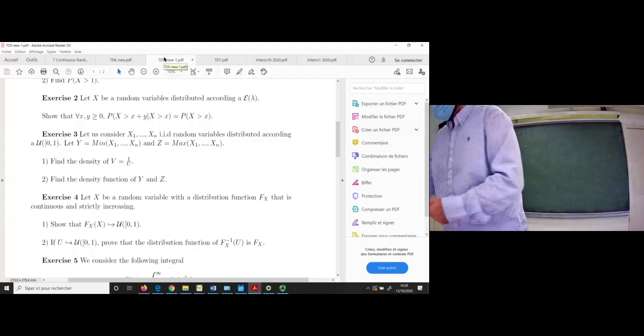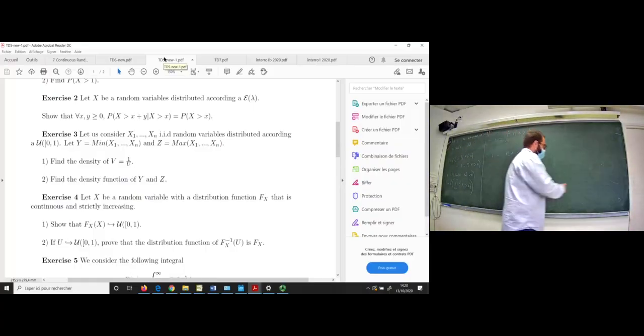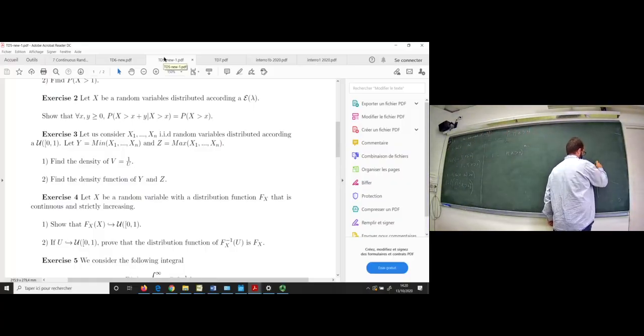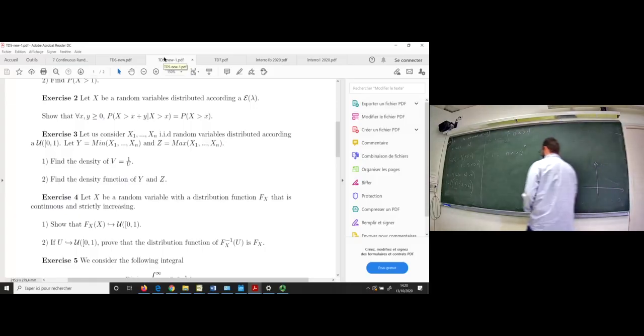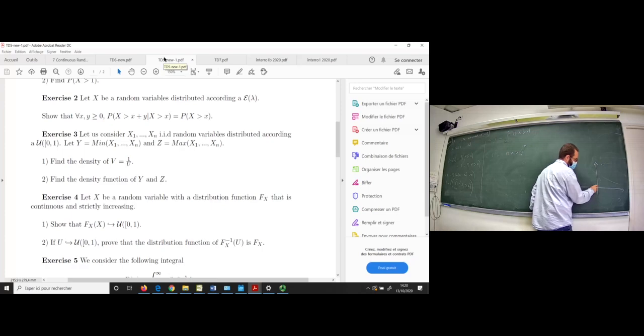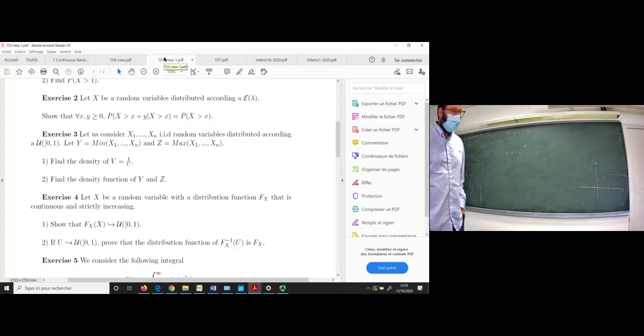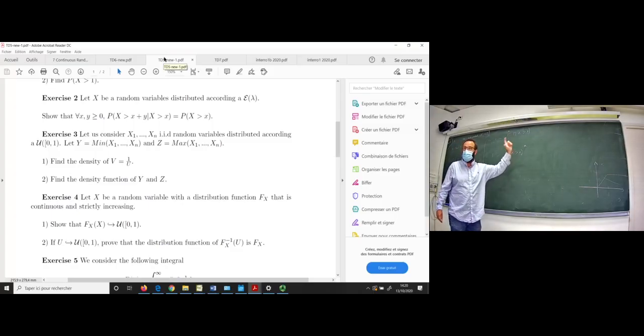So I write it again. In the case of a uniform, my distribution function is this one, identity 1. So I can try to express directly this one, or try to express it using the distribution function.